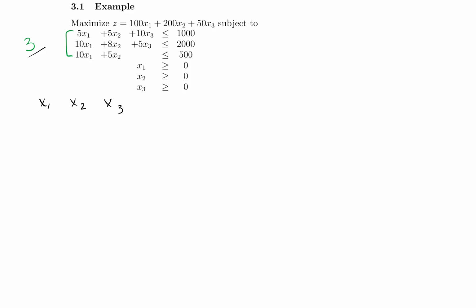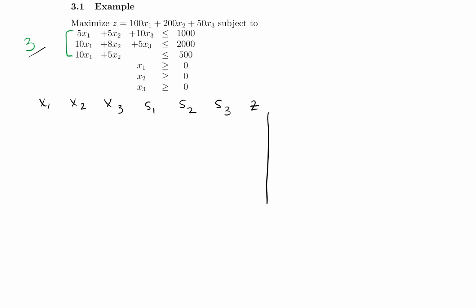Since we have 3 constraints, we're also going to have a slack 1, slack 2, and slack 3 variable, because we need to have 1 slack variable per constraint. After that, we have the z column, and then after the z column will be the constants. Okay, so those will go on the other side.